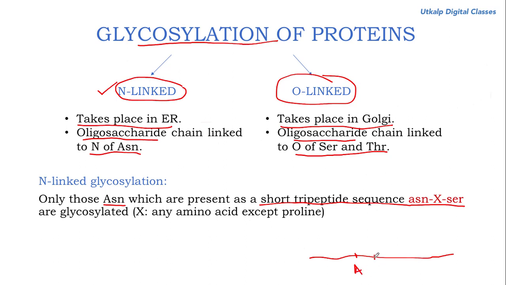Then you have X, where X denotes any residue other than proline, and then you have a serine next to it. If you have this tripeptide sequence in any protein, only that asparagine is going to get N-glycosylated. So the nitrogen of only that asparagine is going to be attached to oligosaccharides.